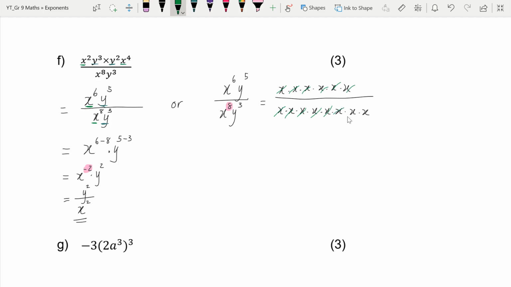In the denominator, we'll be left with 2 x's, which is x squared. I've heard students say that if the bigger exponent is in the denominator, then that is where I will put my x. And at the top is where I have the bigger exponent for y, and that is where I will put my y that is being squared. Now note we get to exactly the same answer. So however you look at this, perfectly fine, just as long as it makes sense to you.